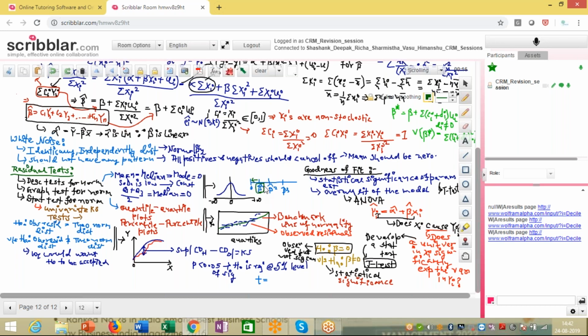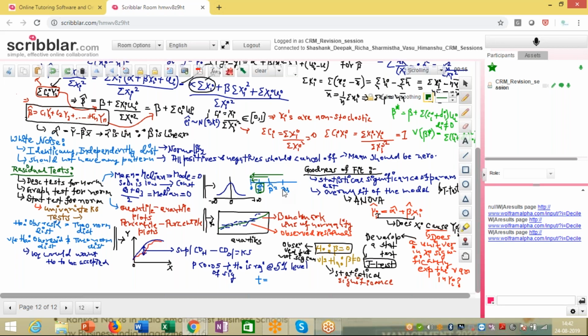Hence, if I choose this estimate as the beta hat value, I will have the highest probability of committing the type 1 error. The probability of committing the type 1 error will be relatively lower for beta 2, and it would be the least for beta 3, because beta 3 hat is the farthest away from 0.